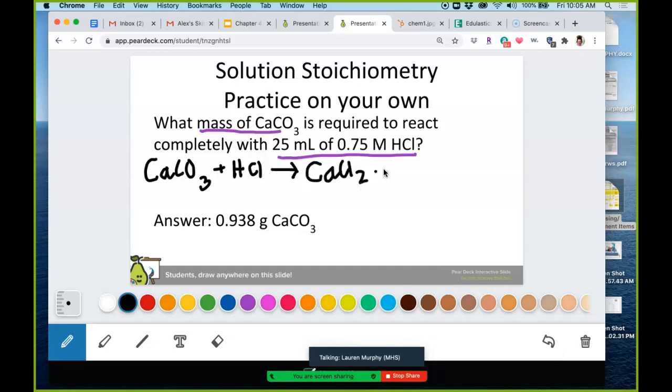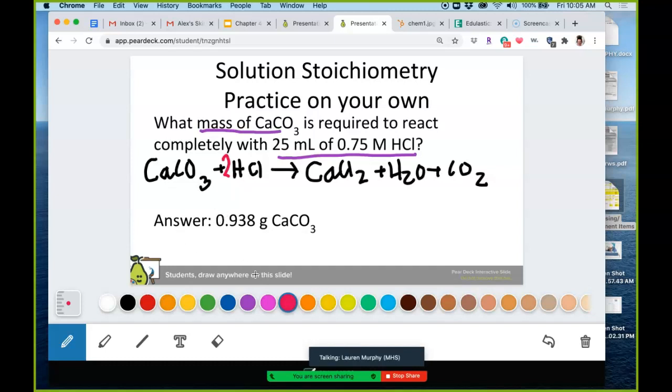Calcium chloride, water, and CO2. Carbonates with an acid will give you salt, water, and carbon dioxide. So now I have to go ahead and balance it. So there's a 2 in front of here. That gives me 2 hydrogens and 2 chlorines, 2 hydrogens, 2 chlorines, 1 calcium, a carbon, 1, 2, 3 oxygens, 3 oxygens. Okay, so this is balanced.